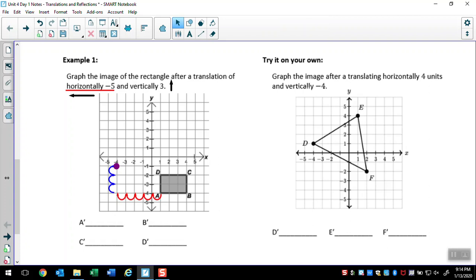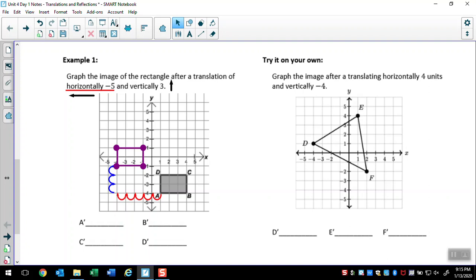I'm going to take my B and shift that 5 times and then 3 times. I'm going to take my D, shift that left 5, up 3, and I'm going to take my C and go left 5, up 3. So there are my 4 points. Now I can draw in my rectangle, and I can label my points.